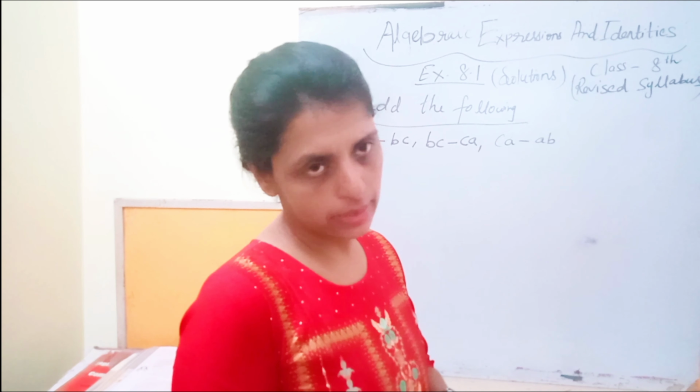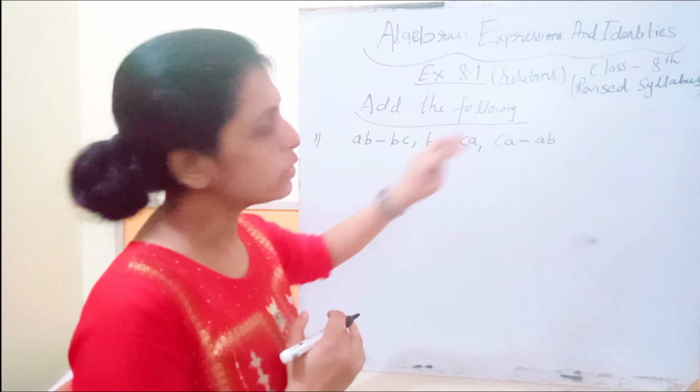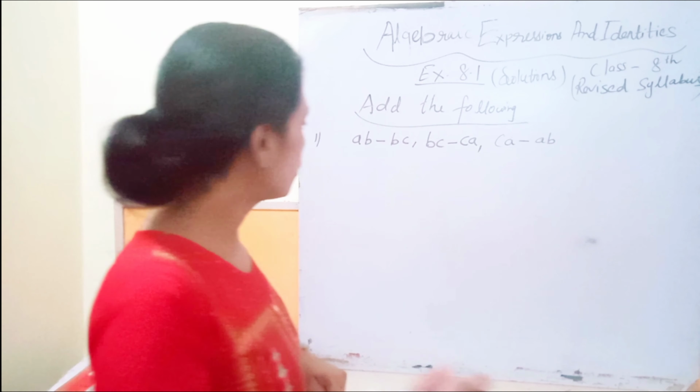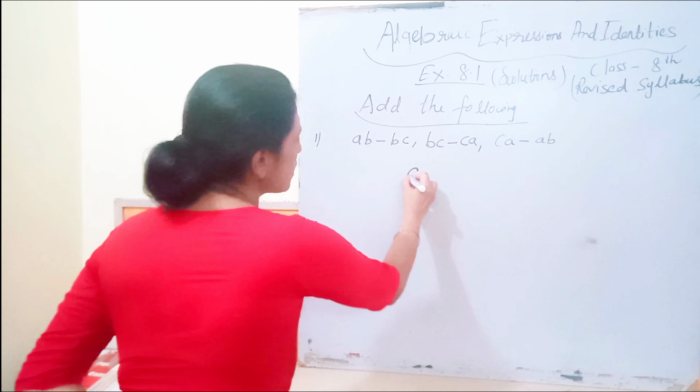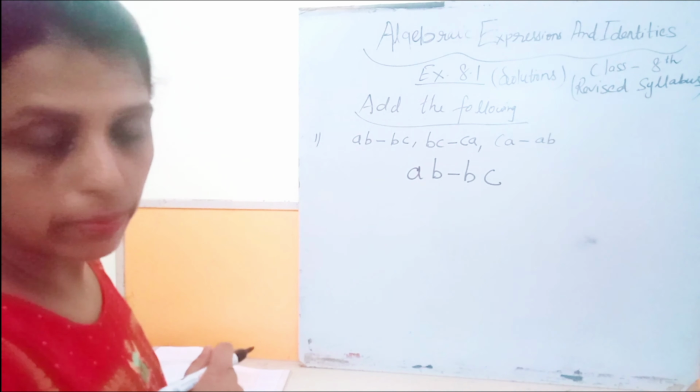So I think the column method will be easier for everyone, so I'm going to explain this question with the column method, okay. So the first expression is AB minus BC. We have to add AB minus BC, BC minus CA and CA minus AB, okay.